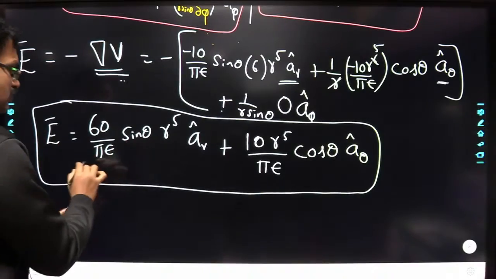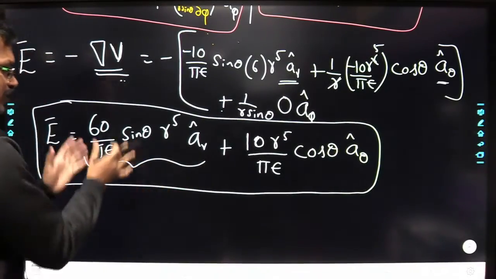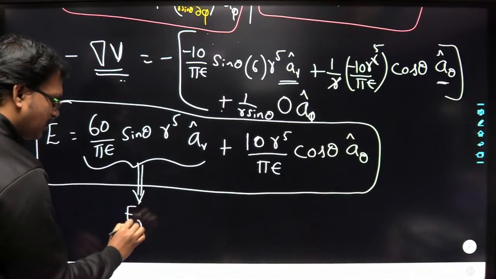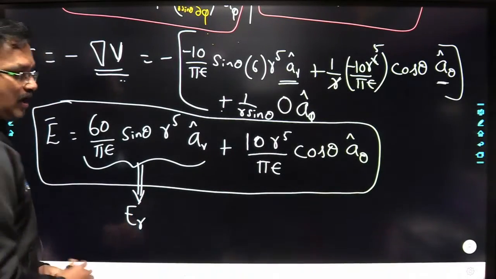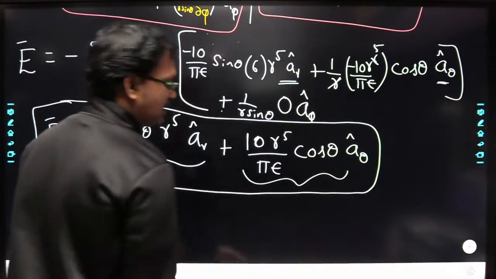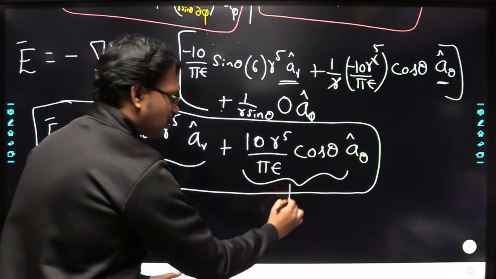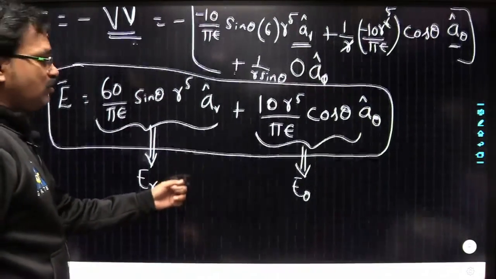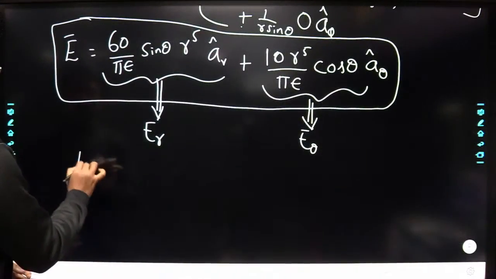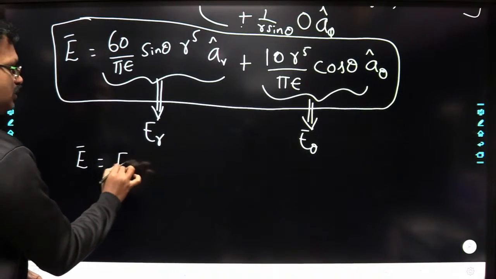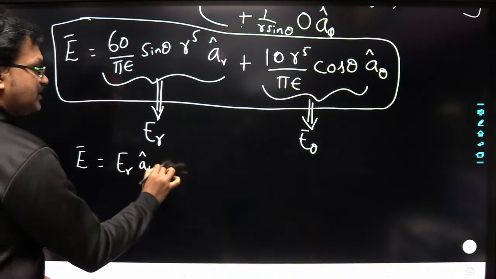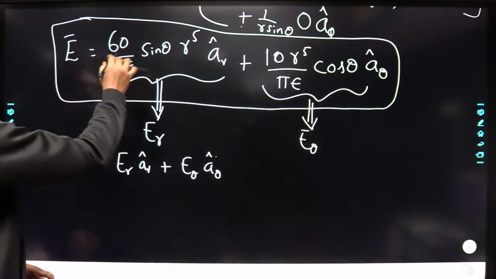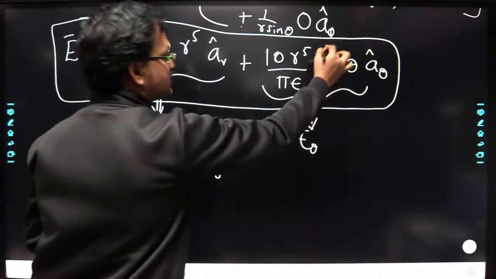So this is nothing but the radial component. So I am calling this ER here. And this is nothing but the theta component. So I am calling this E theta. Okay. So E bar is equal to ER AR cap plus E theta A theta cap, where ER is nothing but this term and E theta is nothing but this term.